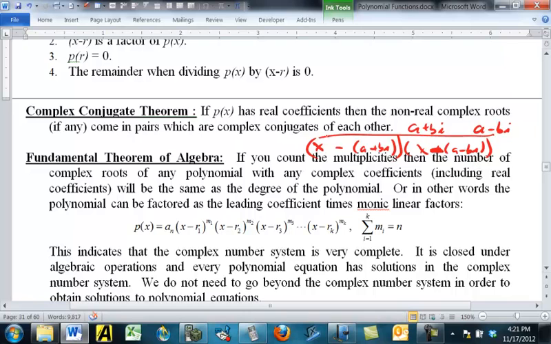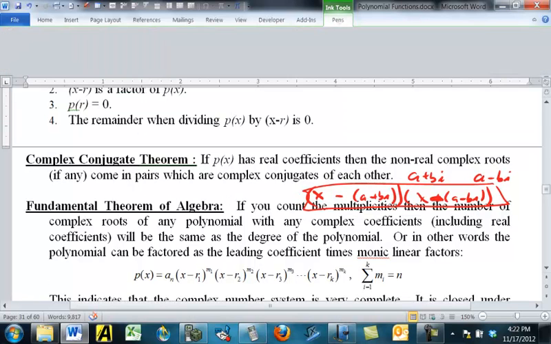And so these together make a quadratic, or second degree polynomial factor, that's going to have real coefficients. So non-real roots come in pairs if you start with real number coefficients.